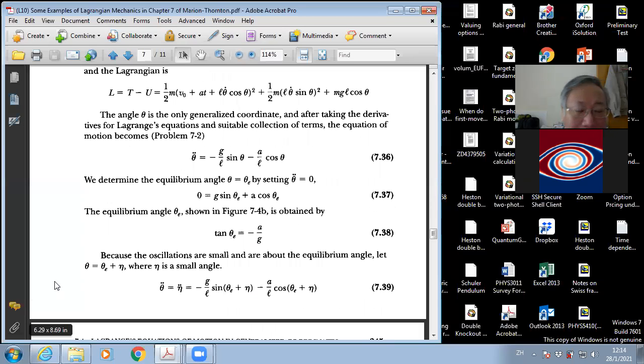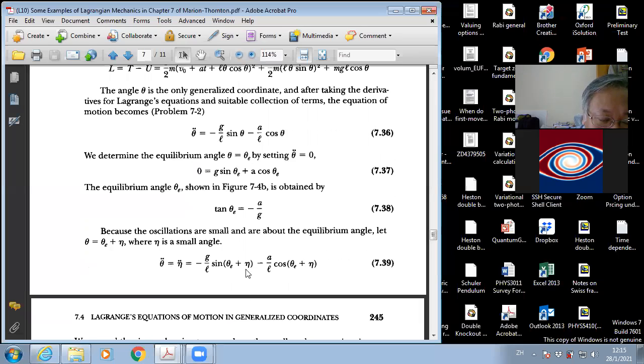Now, knowing this equilibrium angle, we can define theta in terms of theta E and a new variable eta. Since we are interested in small angular displacement about the equilibrium angle, theta double dot is equal to eta double dot, equal to minus G over L sine of theta E plus eta, minus A over L cosine of theta E plus eta.